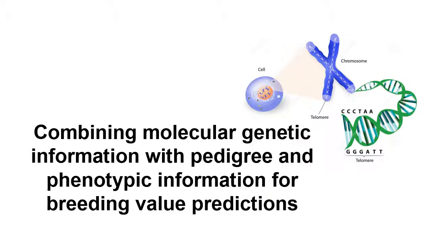We can get going. As I've said, in this part we will be looking at the combining of molecular genetic information, that is the genomic information, with pedigree and phenotypic information for breeding value predictions.